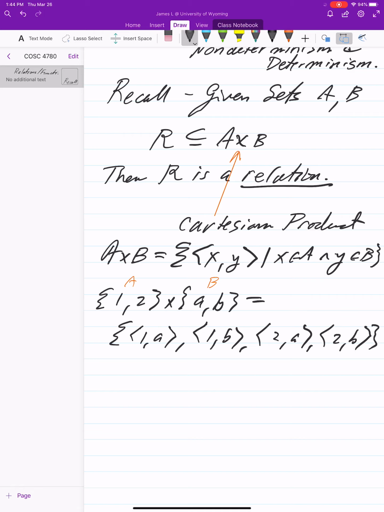Okay, so that's the Cartesian product. That's what a relation is.